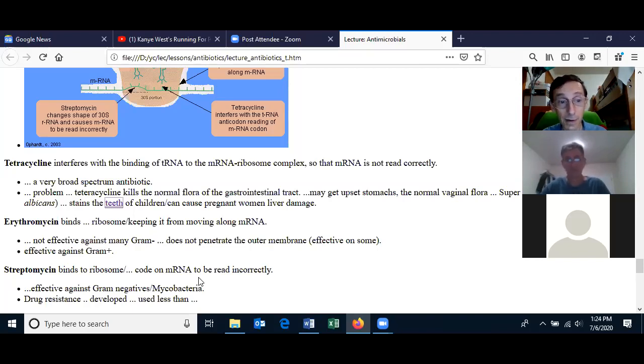It is effective on gram-positives and some gram-negatives, and I do not know why it's effective on some gram-negatives and not on others.